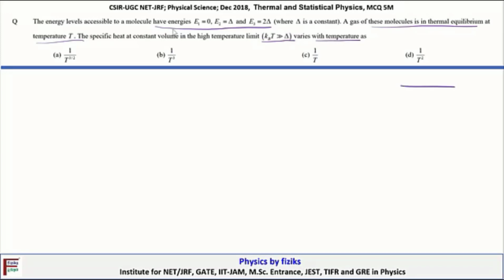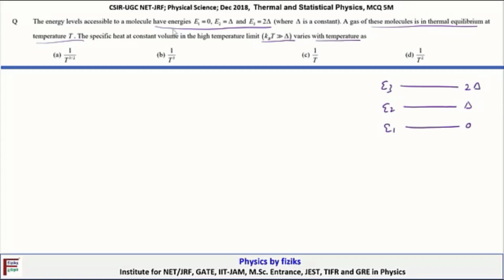First of all, let's draw the energy levels which are given to us. We have a three energy level system, E1, E2, E3, and the values are 0, delta, and 2 delta.